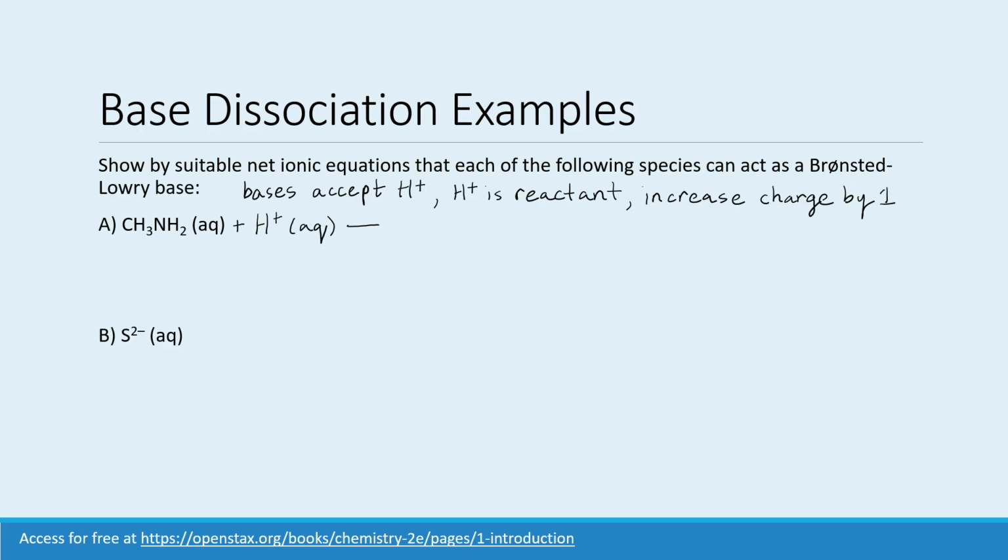Okay, and both of these bases are considered weak bases. Again, we'll look at the list of weak and strong bases in a moment, but we're going to have a double-sided arrow for this. We're adding an H+ to the original reactant, and we're going to add that hydrogen to the nitrogen, because that nitrogen, remember, is going to have a lone pair, and that lone pair is going to attract that hydrogen that is missing electrons, and so that's where you're going to get that bond.